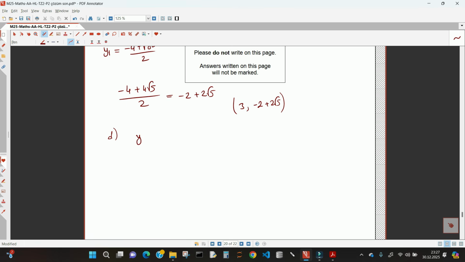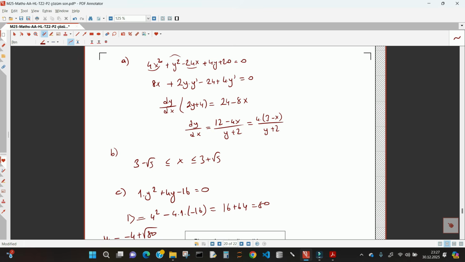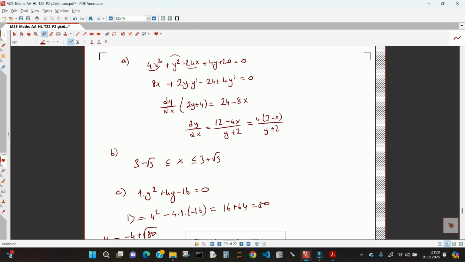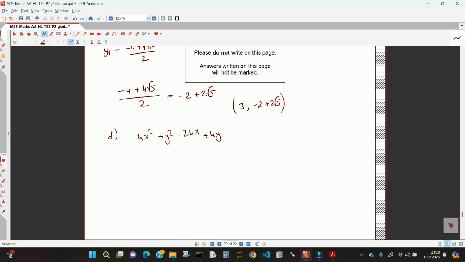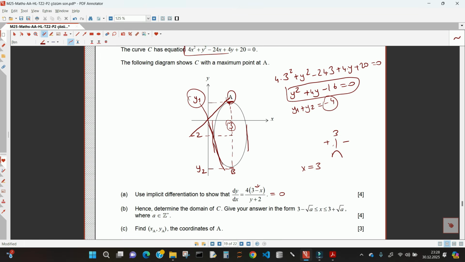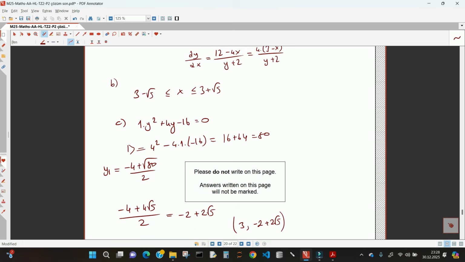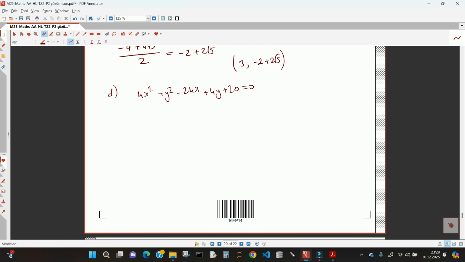Question D, 4x squared, sorry, 4x squared plus y squared minus 24x plus 4y plus 20, right? We're going to plug in mx into this equation, substituting y with mx: 4x squared plus mx squared minus 24x plus 4 times mx plus 20 equals 0.